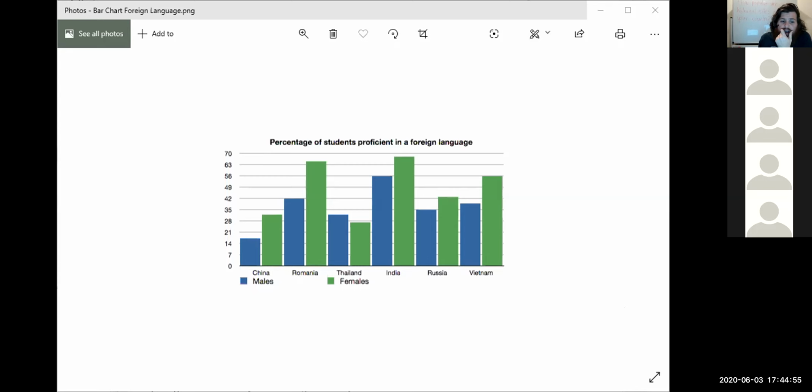China and Thailand. I was actually looking at Thailand, and the other one was Russia. If I'm looking at Thailand and Russia, what do we notice that they have in common?